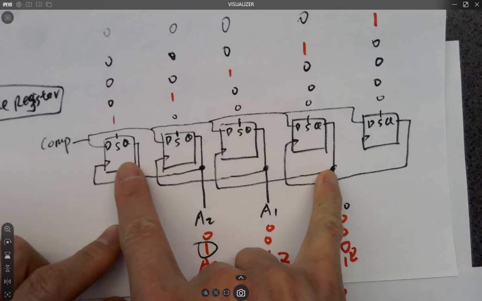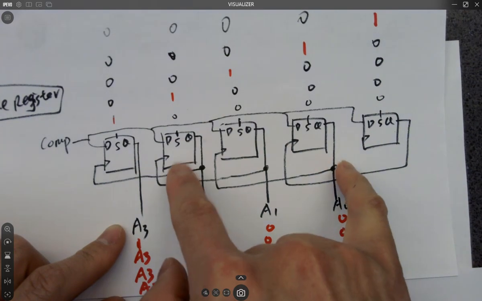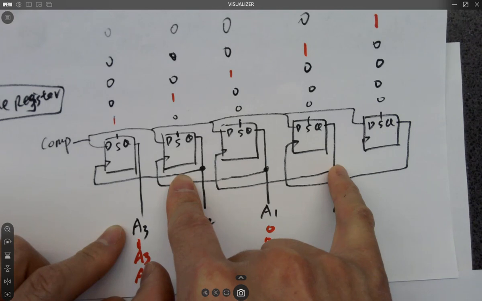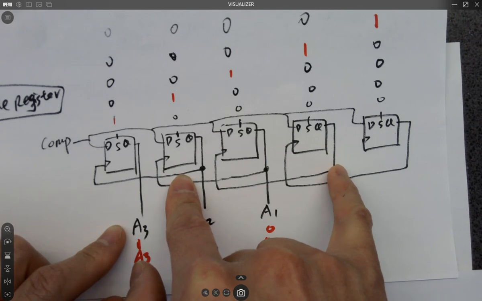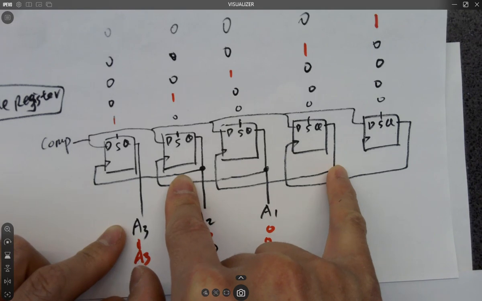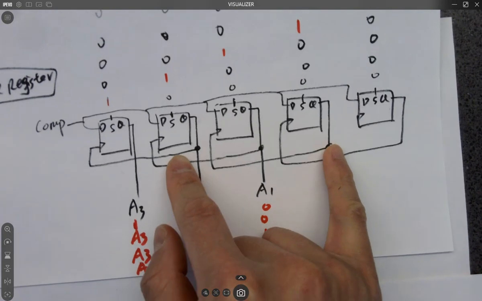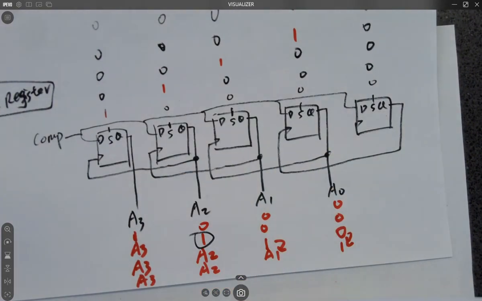Okay, so we need a fifth. We need 5 D flip-flops over here, and they have to be rising-edge triggered, and they have to have set and reset. It cannot be an SR latch without set and reset. You have to set and reset it.